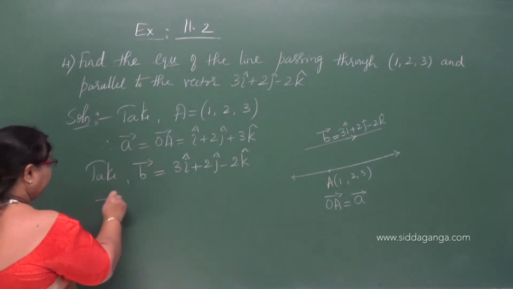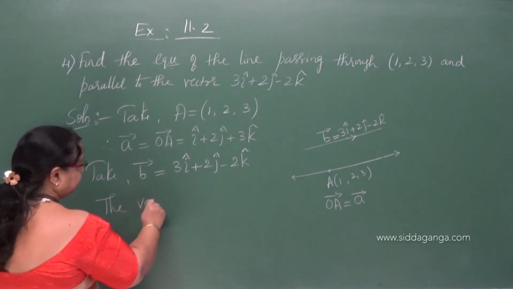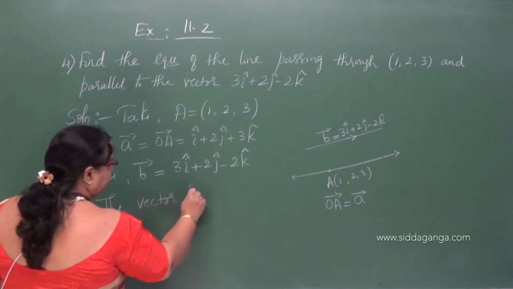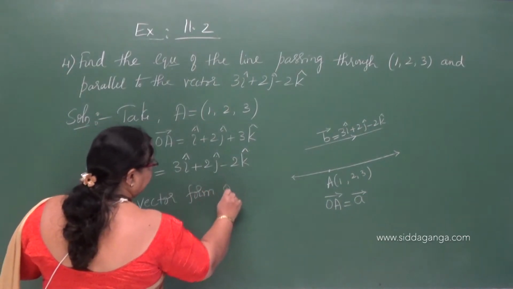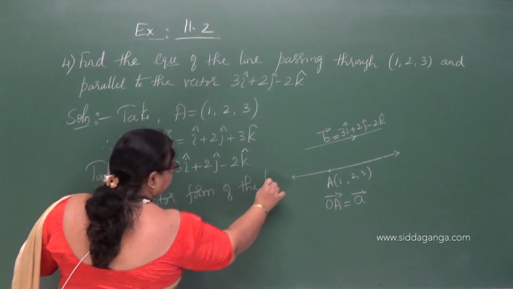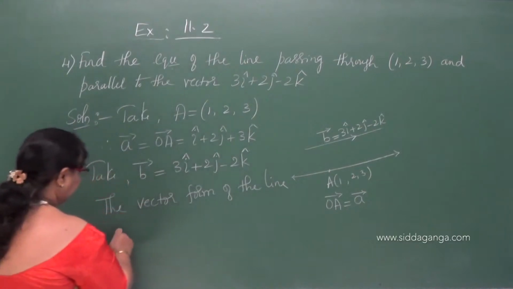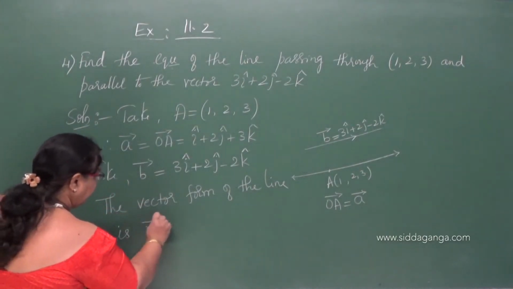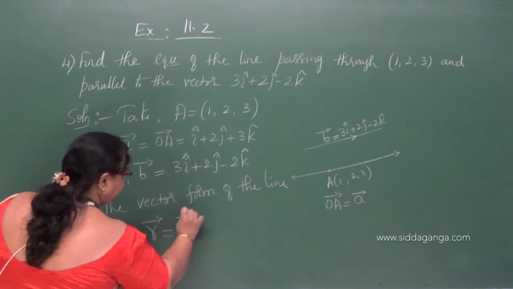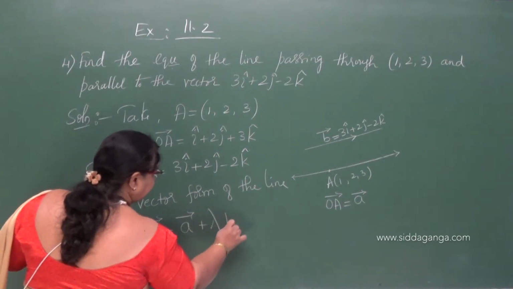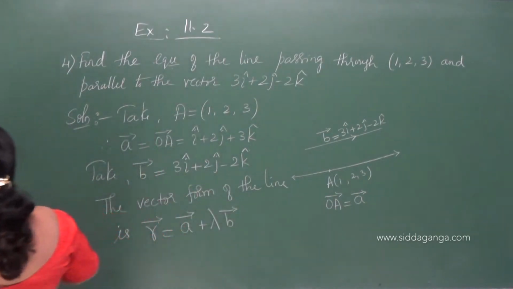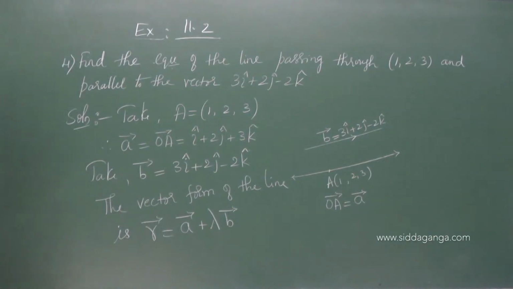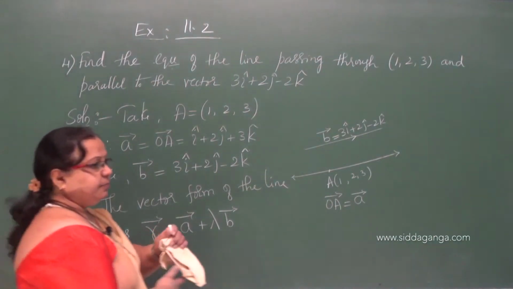The vector form of the line is vector r equal to vector A plus lambda times vector B. This is according to theorem 1.